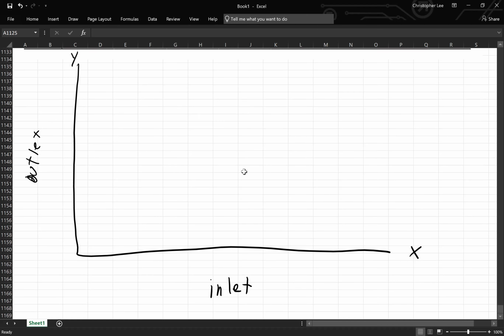So how do I want my numbers on my axis to increase on the bottom, on the horizontal? I feel like I'm going to do them by ones. I feel like ones is good enough, right? So 1, 2, 3, 4, 5, 6, 7, 8.